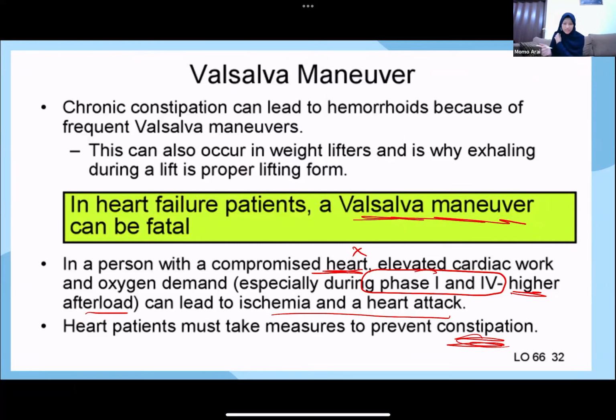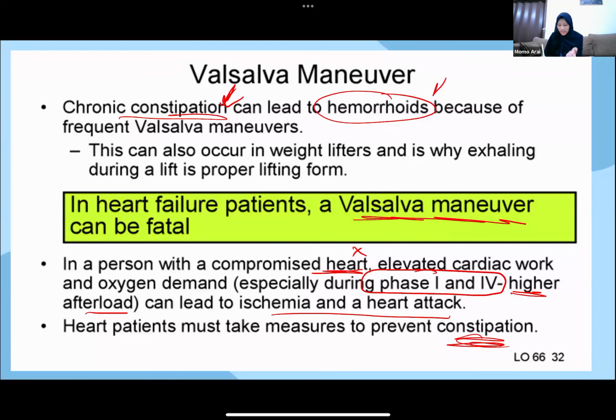Chronic constipation is when you use Valsalva again. This can lead sometimes to hemorrhoids also. Constipation can stress a bad heart, and in normal cases it can also lead to hemorrhoids.